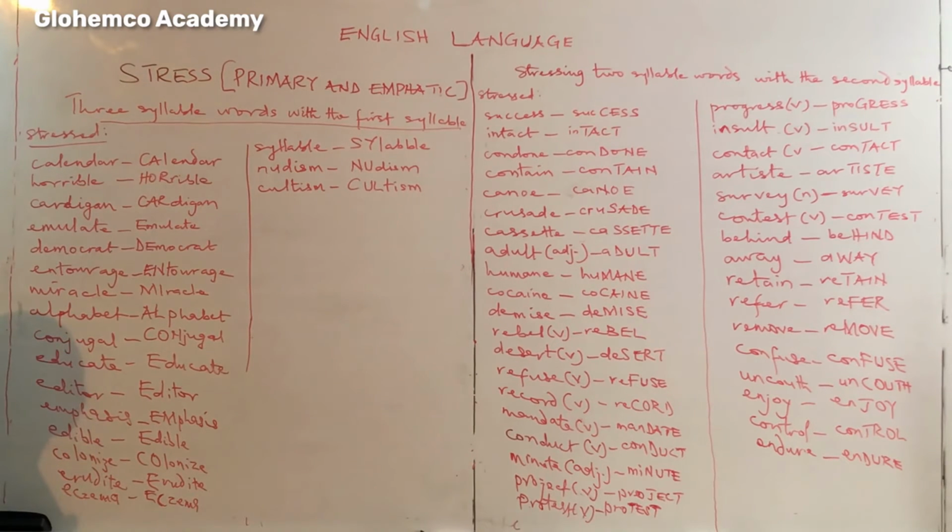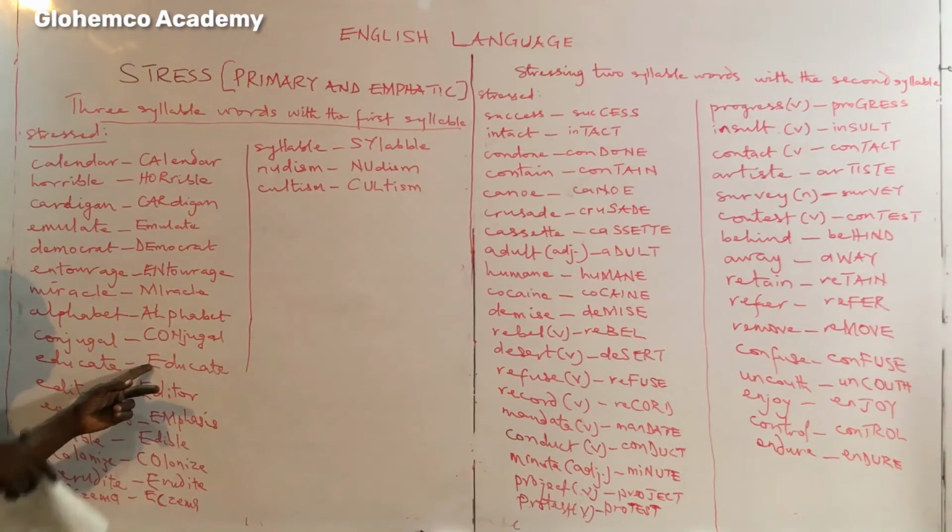Calendar. Remember, we don't have calendar. What you have in English is calendar. Horrible. Cardigan. Emulate. Not emulate. Emulate. Democrat. Entourage. Miracle. Alphabet. Conjugal. Educate. You know, for each of these words, I stress the first syllable.